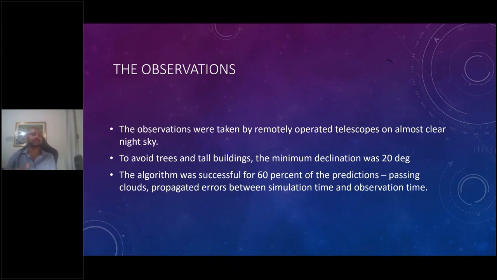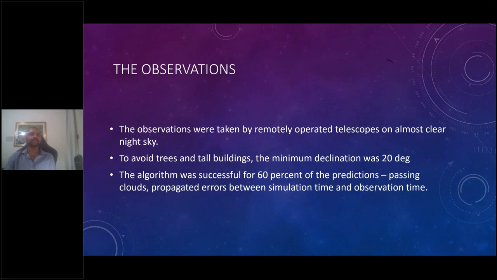In this case, the TLEs are released every few tens of hours, every 15 hours or so, or based on any anomaly. So it depends exactly on which satellite you're looking at. The updating of the TLE depends on that.